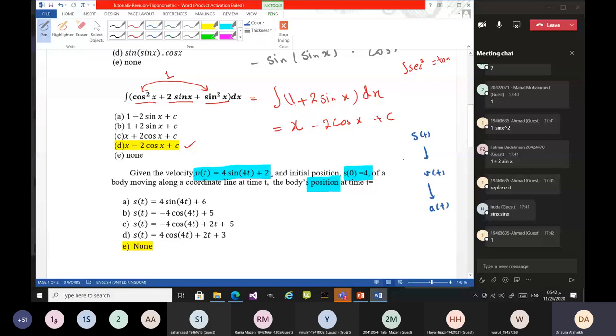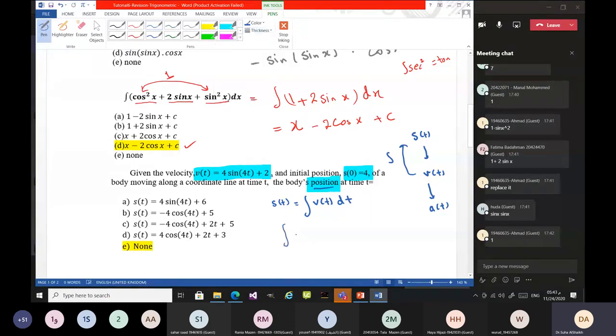So moving back is the integration. So s of t is nothing but the integration of v of t dt, right? They want the position, they want s of t, as you can see from the answers. So I have to integrate the function.